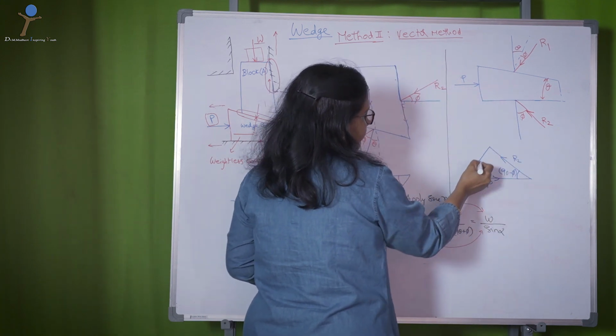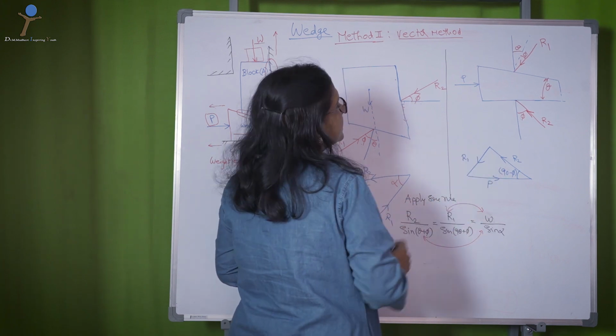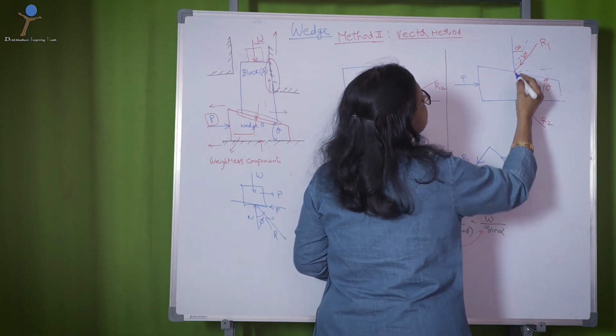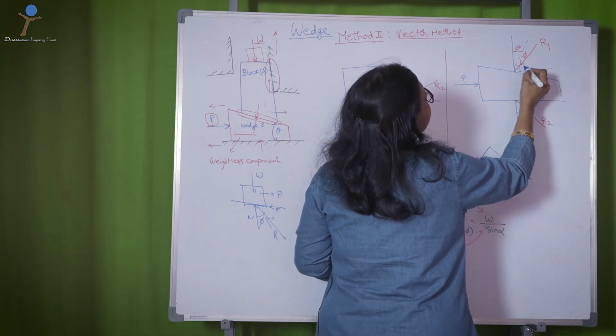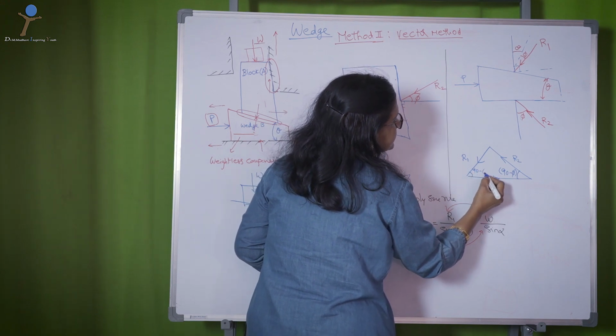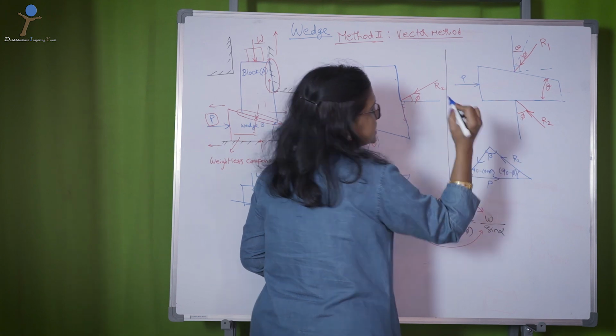Then comes R1. The angle between R1 and P is 90 minus theta plus phi, and this is an unknown angle beta.